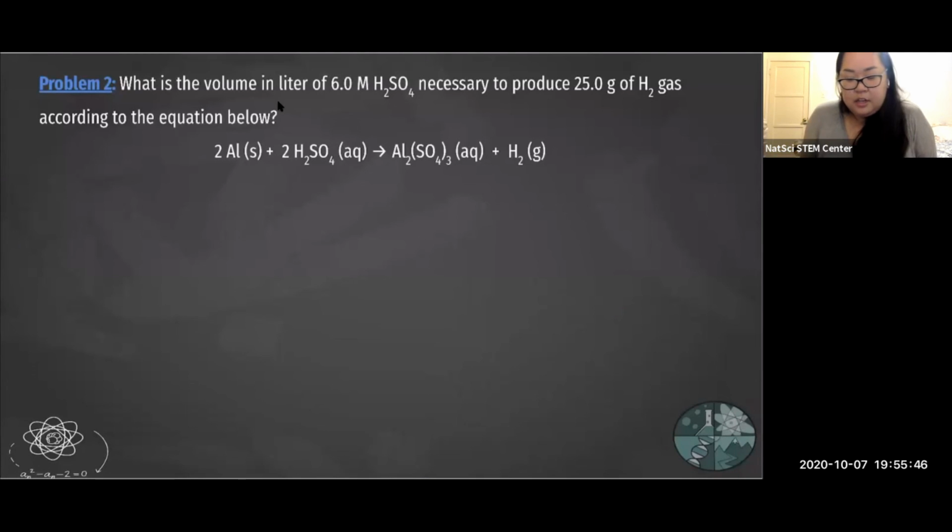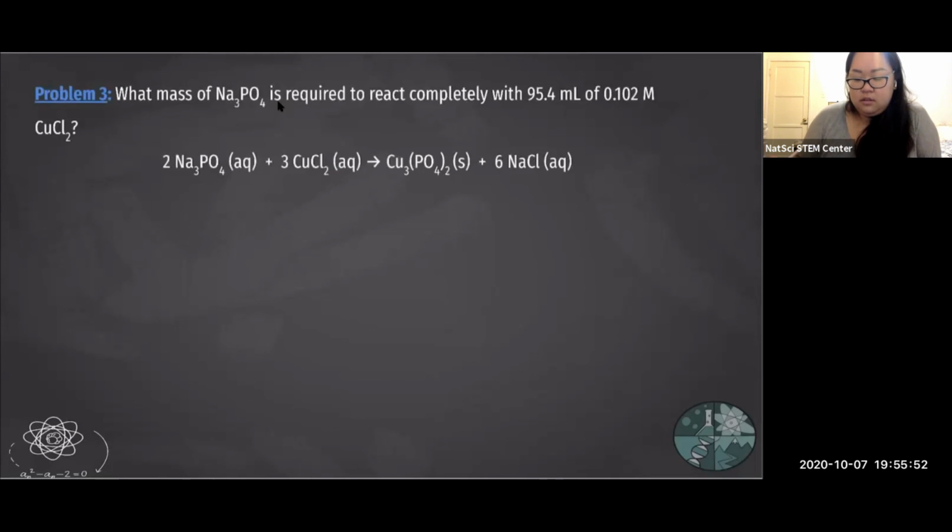You want to be able to get to this. Okay. Problem 3. There's one more after this, and then those are the 4 challenge problems.